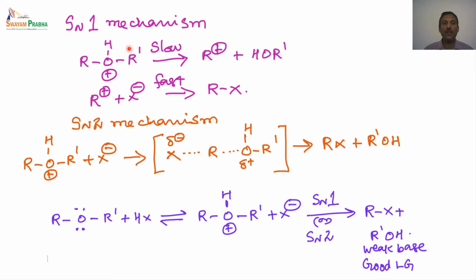So the preferred way of cleavage is, if it is a primary alkyl group, then the rear side attack or the Sn2 mechanism is possible for the cleavage, which produces the RX. And if one of the groups is a tertiary alkyl group, then the Sn1 type mechanism is possible for the cleavage. So these are the two ways by which the ethers can be cleaved. The other part will take the oxygen along with it.